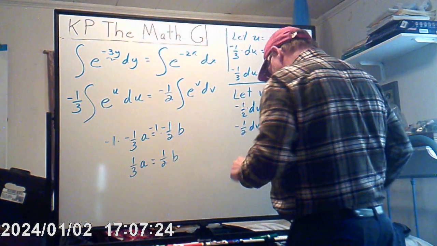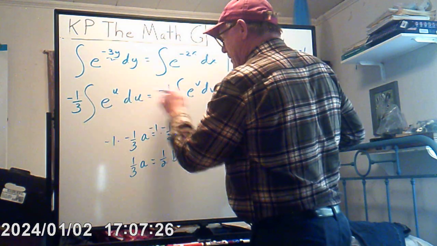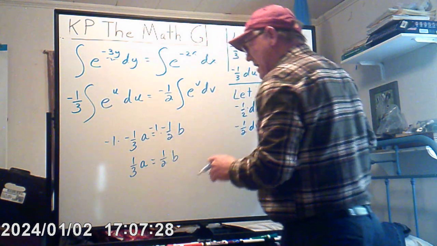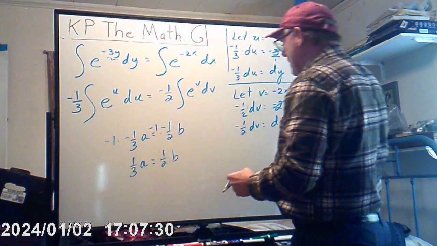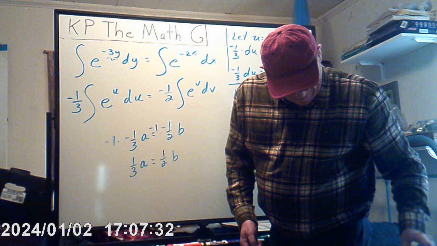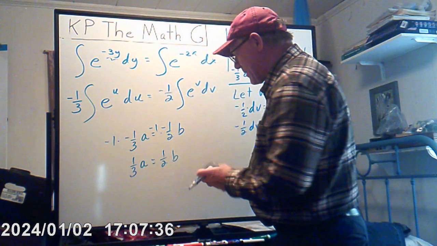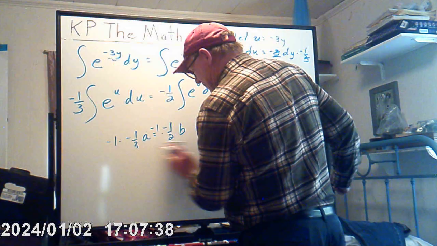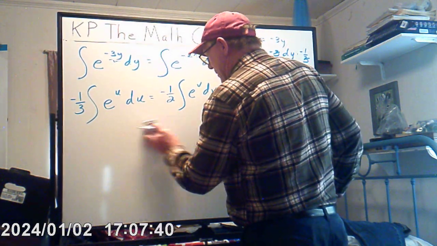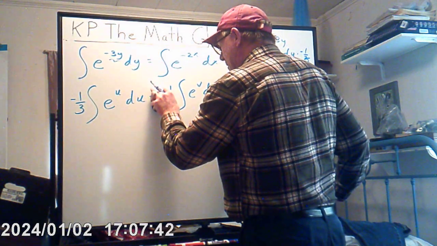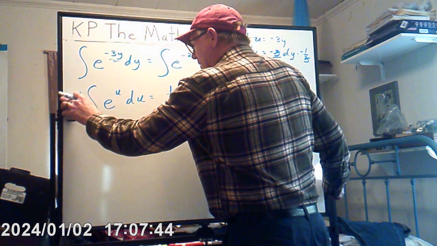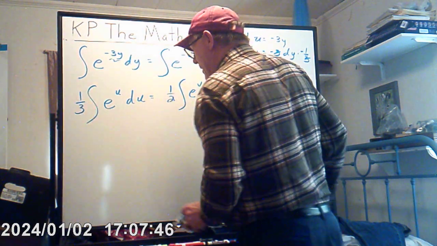Alright, so I could do that. If I see a negative on both sides like this, and it's all multiplication, I can quickly and easily get rid of that. I'm just going to take away the negative sign. Yeah, you can do that.